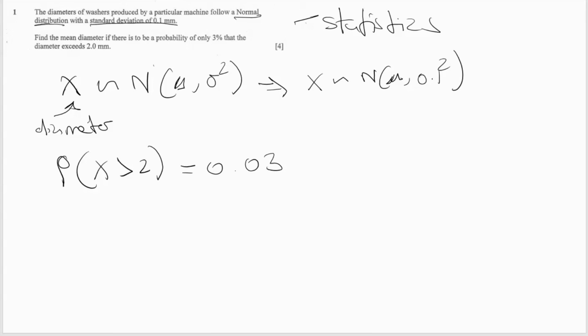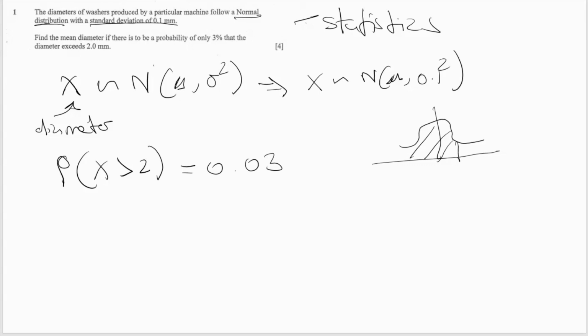Right. So we know the normal distribution graph looks like this. If we are looking at the positive one, it's going to give us the area to the left.